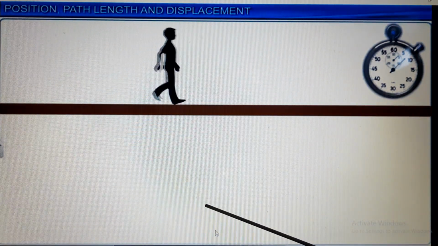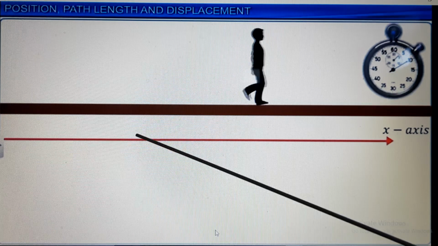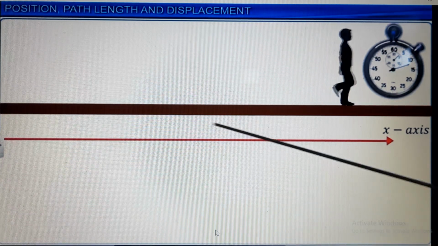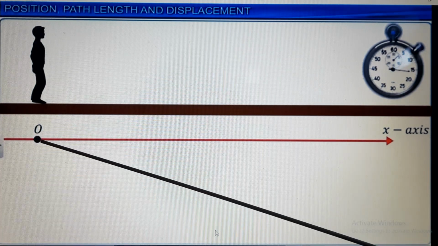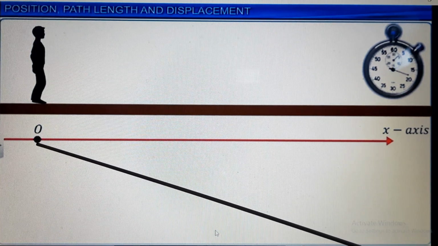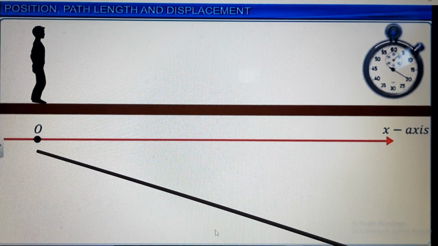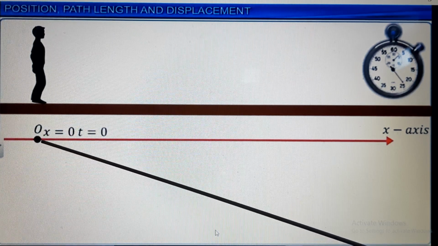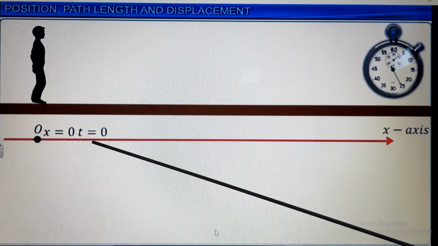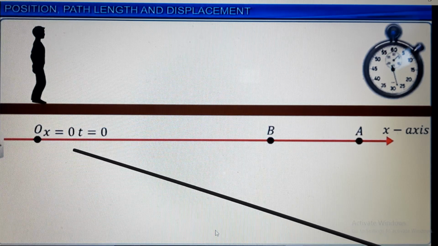Look here, another example. One boy is moved in the x direction. Suppose O is the origin and this boy's initial position is 0 and time t is also 0.